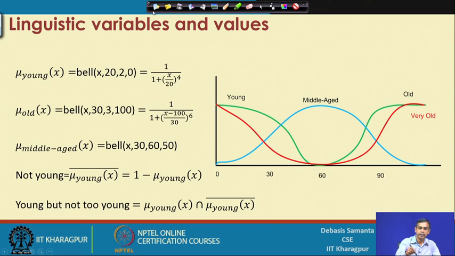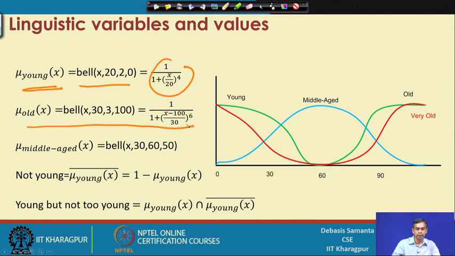Here are a few more examples. Mu young x is one fuzzy set, defining the membership function of the fuzzy set young, and suppose it is defined by means of a bell shape curve that we have discussed, and this is the curve. Then mu old is another fuzzy set defined by another bell shape curve, which is like this.